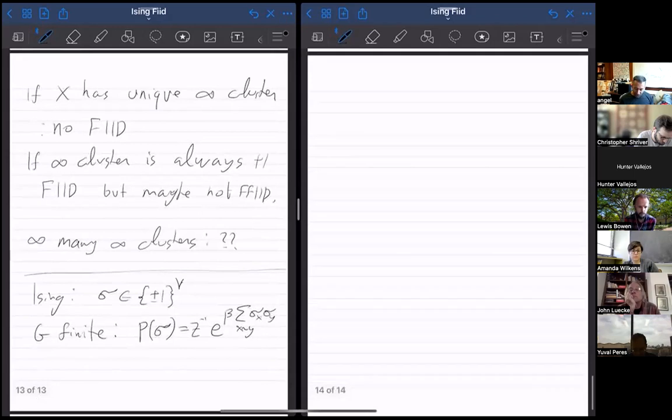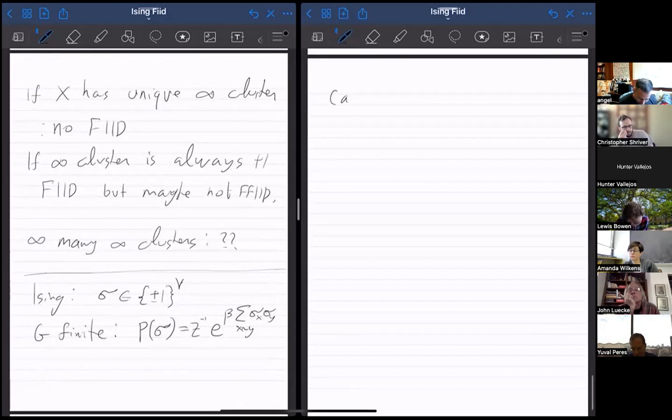That defines a measure for every beta on a finite graph, and then you can take infinite volume limits of this, and these limits are known to exist. So you can talk about mu plus or mu minus. These are the limits if you put plus or minus boundary conditions.